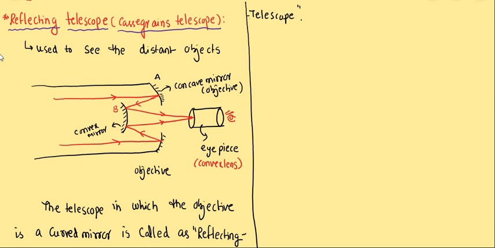Now let us see its working. A light ray from a distant object, we can take the distant object as a star.